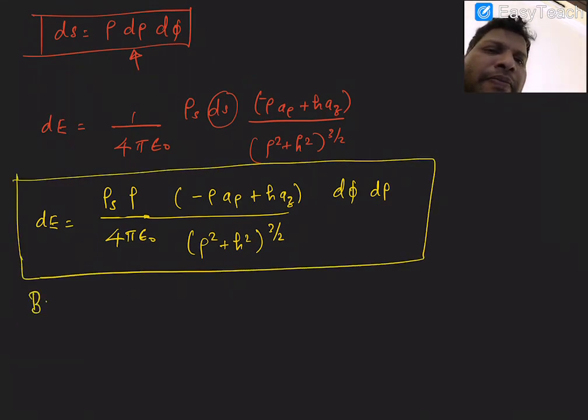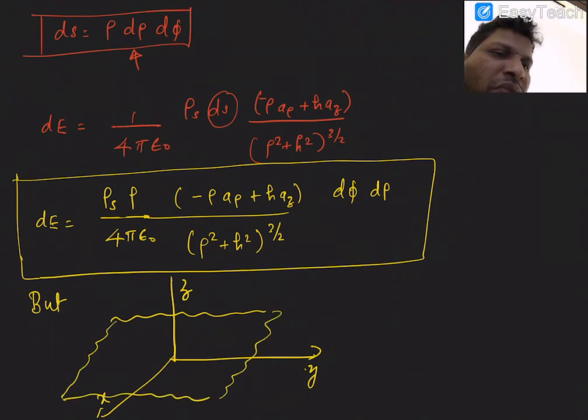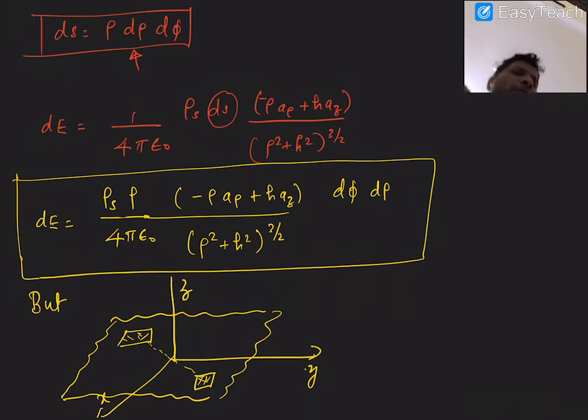But if you carefully see the scenario, if this is x, y, z, then this is your sheet of charge. If you consider a piece here, a differential area, you can have the same thing diagonally opposite also. So what will happen?